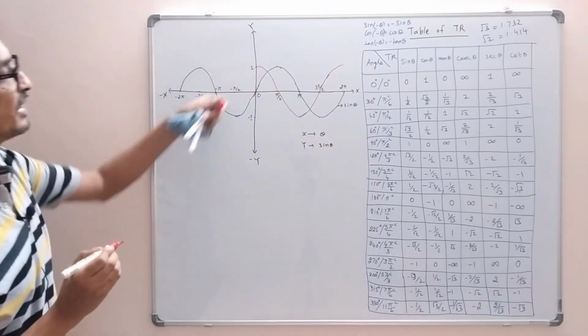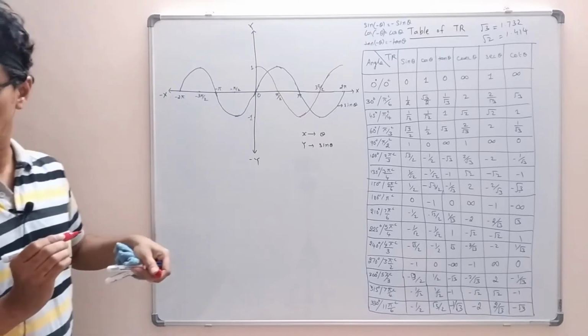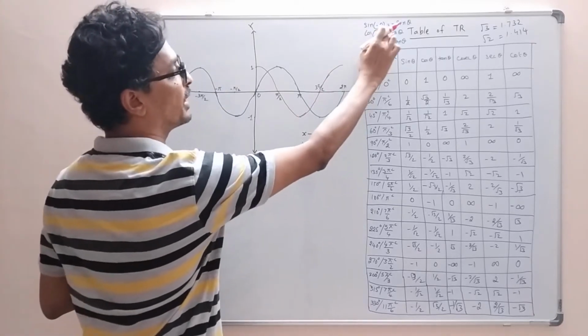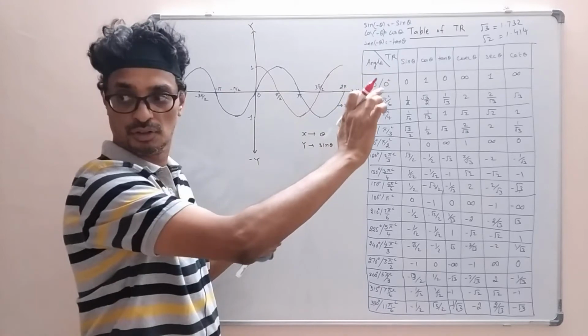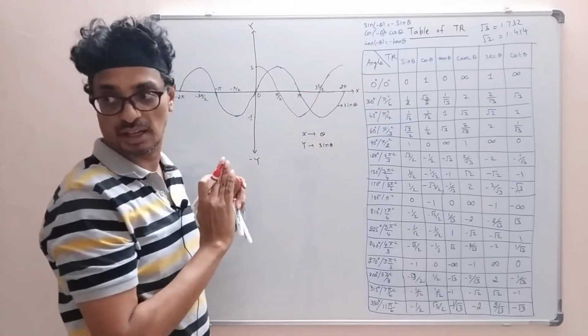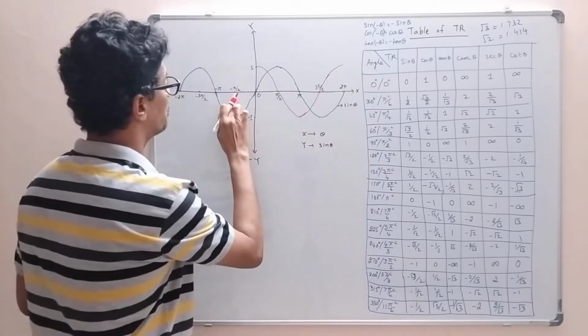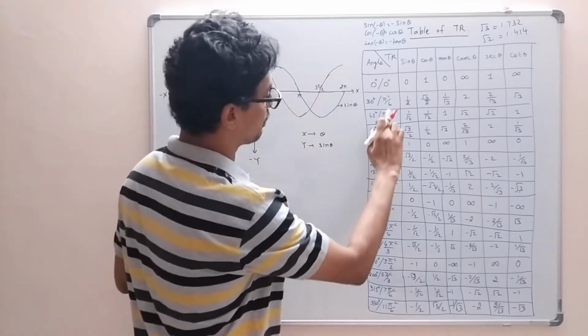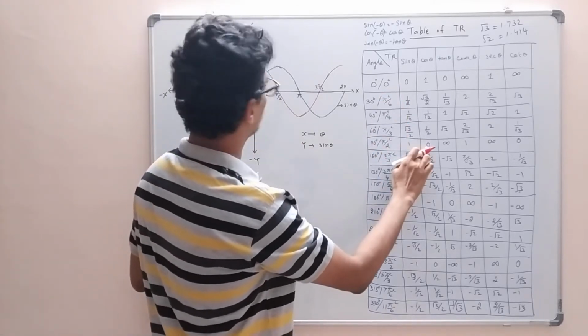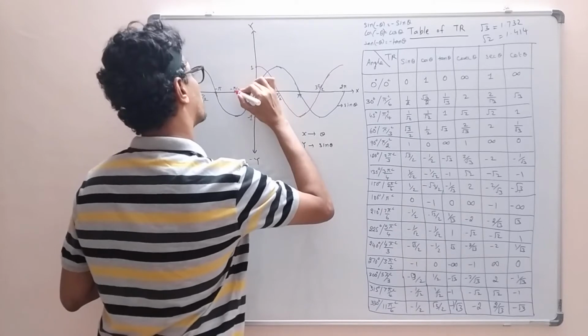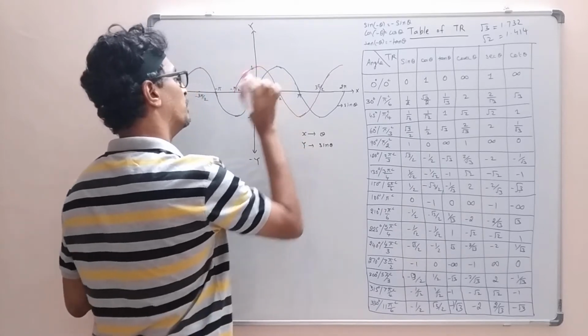Okay. And let us plot for the negative theta. Because we know cos of minus theta is equal to cos theta itself, it doesn't matter. So the same is going to happen here. So for minus pi by 2, all you have to do is take the same pi by 2 value. What is the value at pi by 2 here? That is 0 here. So this is going to make it 0.